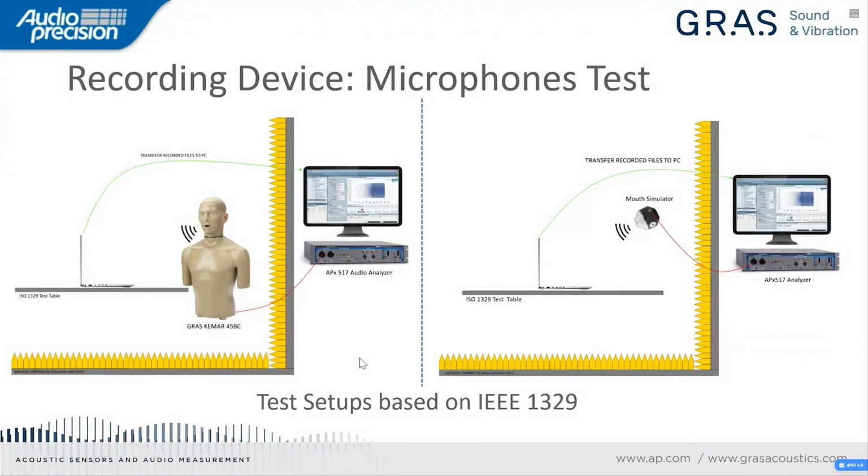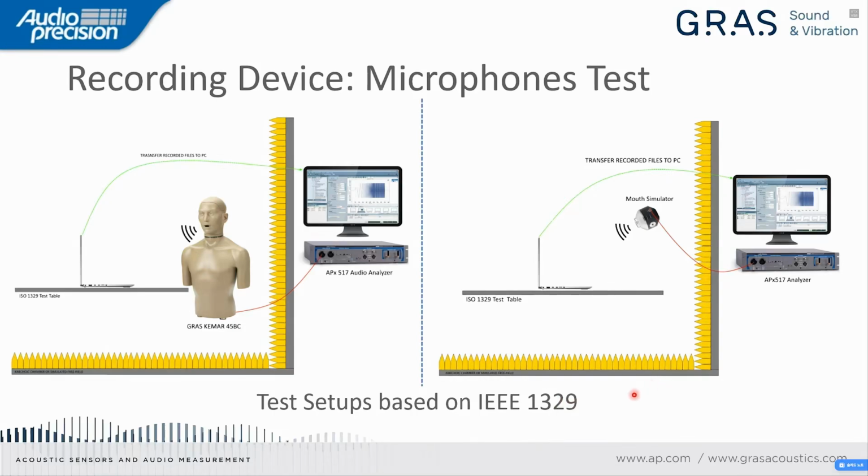The same setups or similar setups can be reproduced using the IEEE 1329 standard. In this case, the setup is made in a fully anechoic chamber. We use the IEEE 1329 table, sorry, for these measurements.